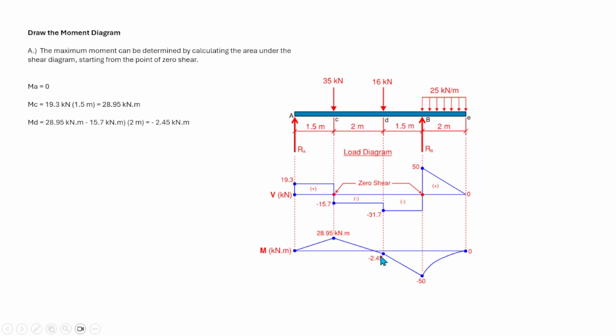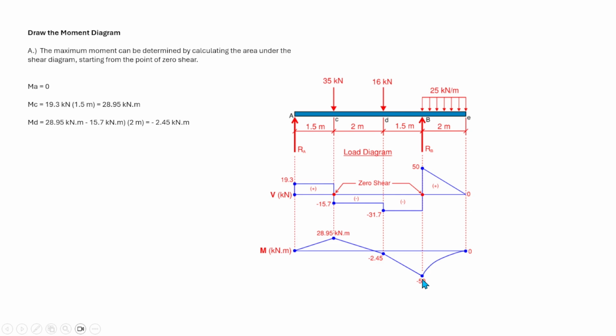The moment at point D is equal to 28.95 plus the area of the shear diagram between point C and D. So at point D, 28.95 minus 15.7 times 2 is equal to negative 2.45.